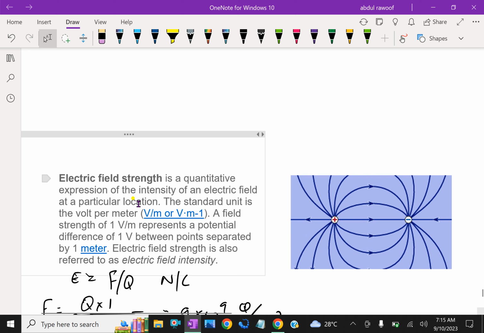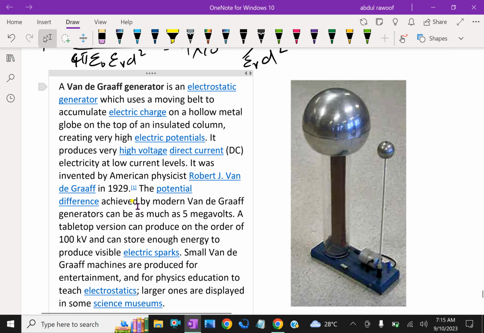Now, regarding this electric field strength, we will discuss the Van de Graaff generator. Look at this figure. This is a Van de Graaff generator. A Van de Graaff generator is an electrostatic generator. That means it produces charges. It uses a moving belt to accumulate electric charge on a hollow metal globe on the top of an insulated column, creating very high electric potentials.